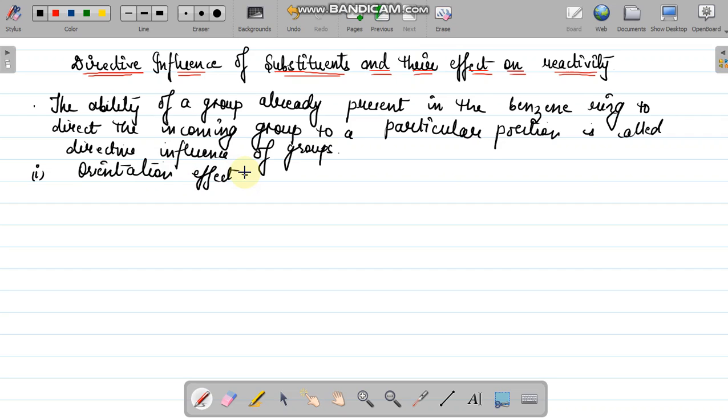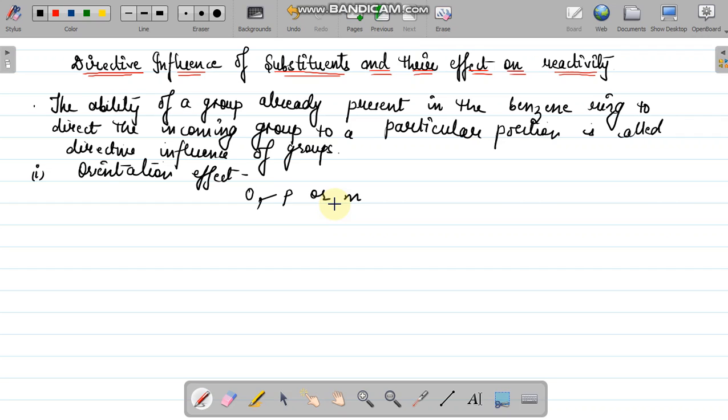We say that substituents affect the orientation of the reaction, and the three possible disubstituted products will be ortho, para, or meta. They are not formed in equal amounts.